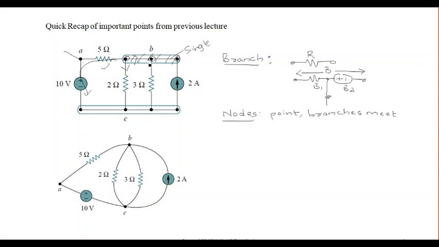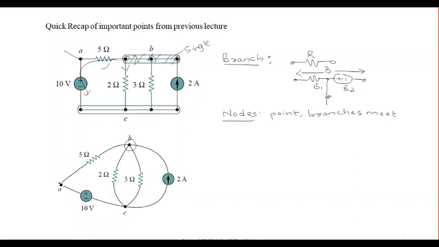Its replica is given here. You can consider point B, where the 5 ohms, 2 ohms, 3 ohms and 2 amps elements are connected, and they have taken node A. You can skip node A also. You can include this 10 volt source for node B as well.